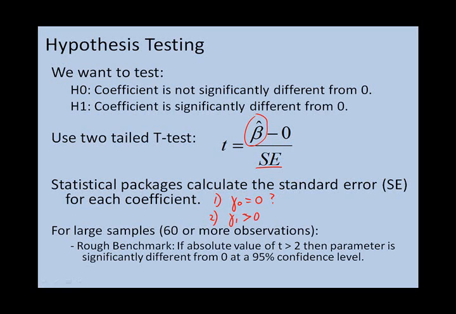It should be greater than 0 because it should be equal to the expected market risk premium. To test prediction number 1, we use our standard t-test described here. So we would calculate our estimate of gamma 0 minus 0 divided by the standard error.